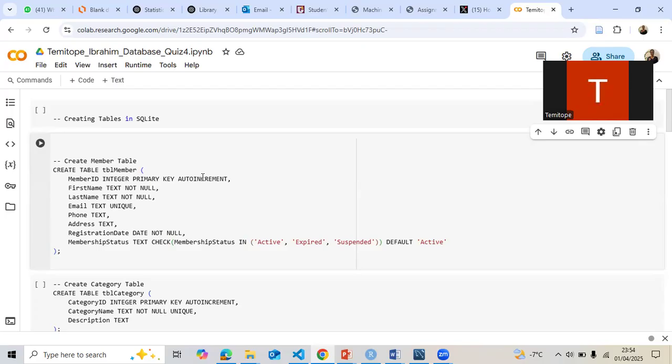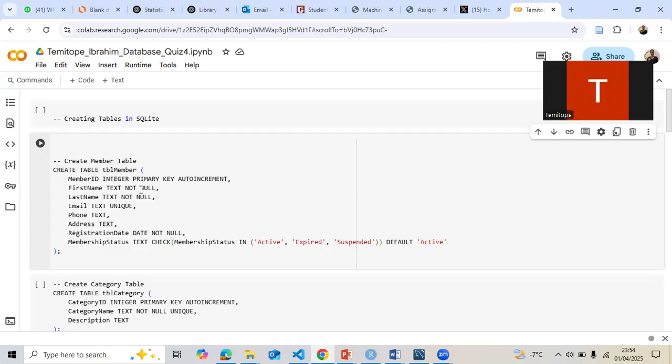It's an integer and a primary key, a unique identifier identifying all the rows in the member table. Of course, first name, last name. When names are text, they are not integers, they are not float. So, not null. Not null means when we are creating this table, we must put a name there. It must not be empty.